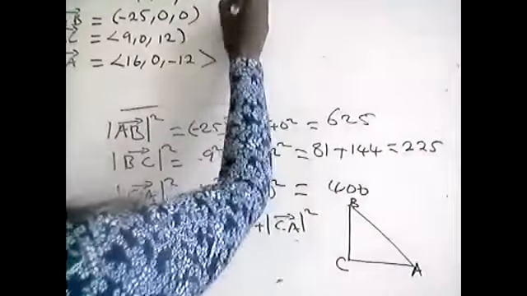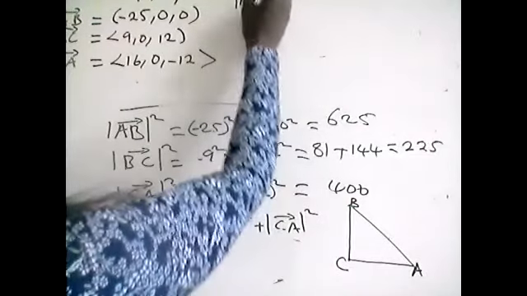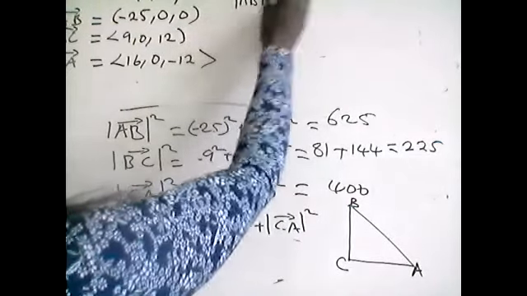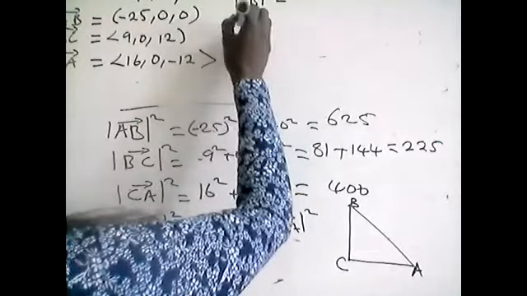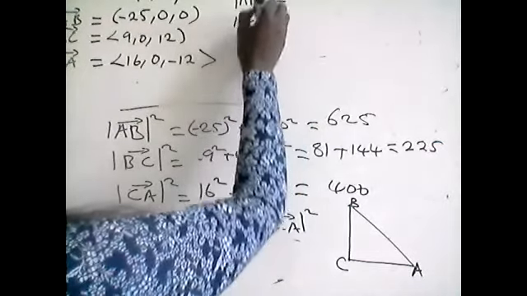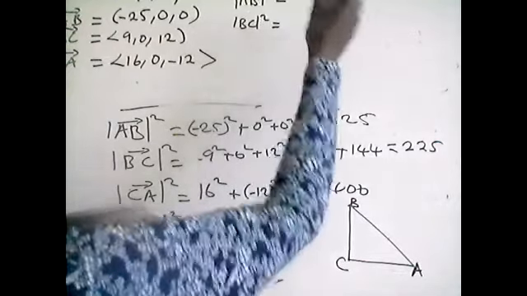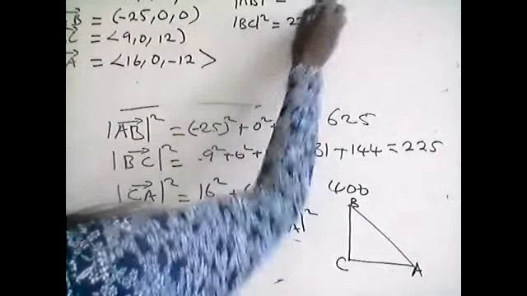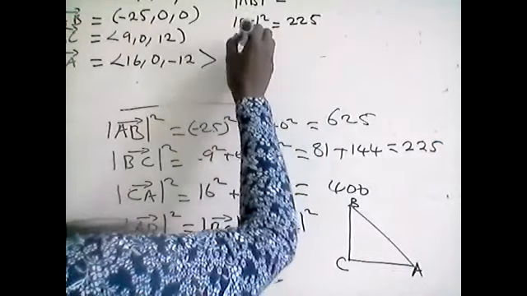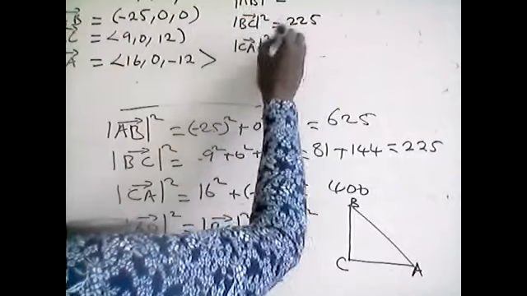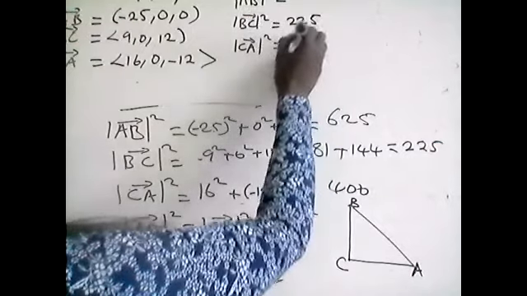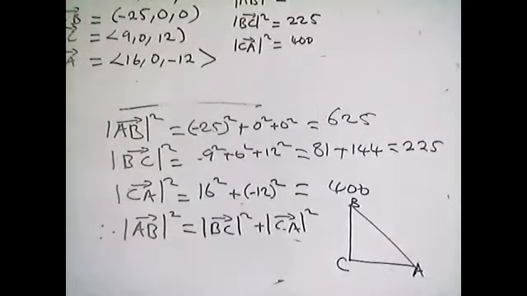I have modulus of vector AB squared equals 625, the modulus of BC squared equals 225, and the modulus of vector CA squared equals 400. So I have those values there.